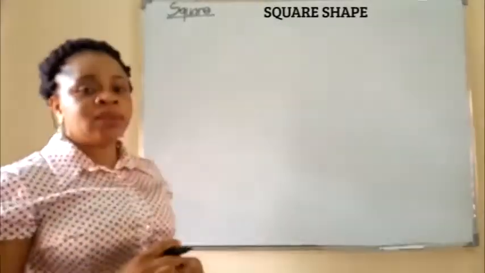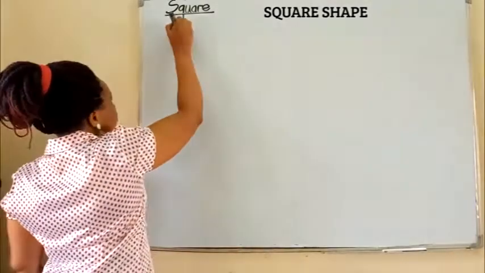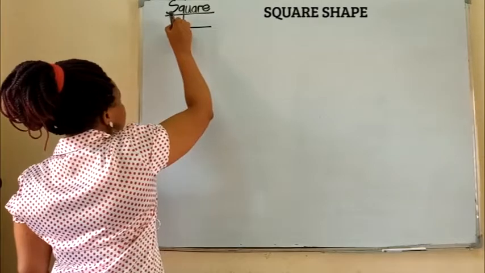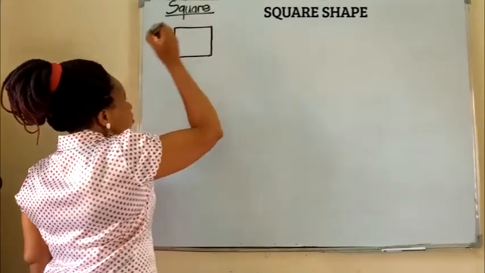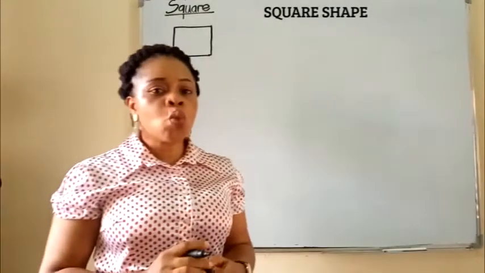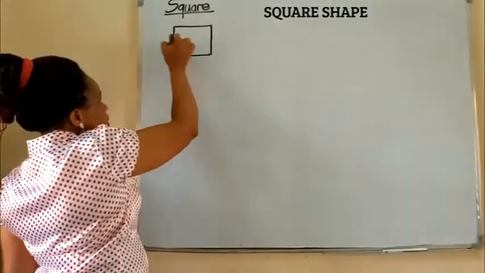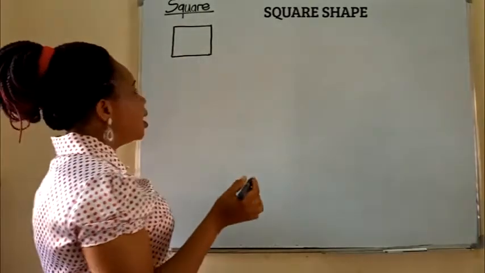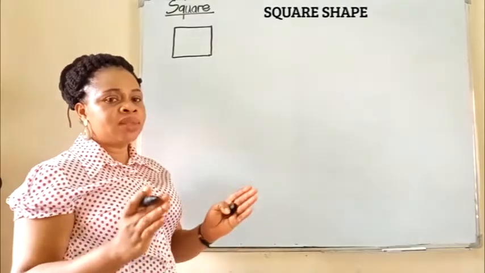What comes to my mind about the square shape? It is a shape that has four equal sides. Side 1, 2, 3, and 4. And all must be of the same measurement.